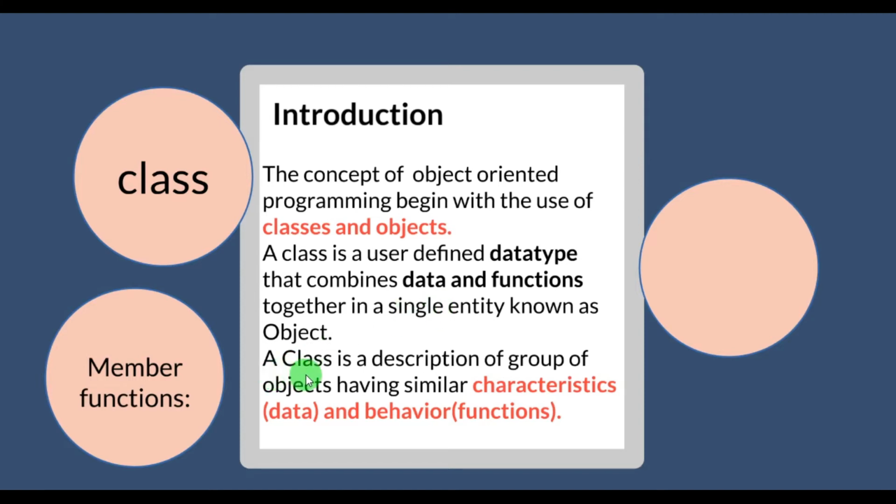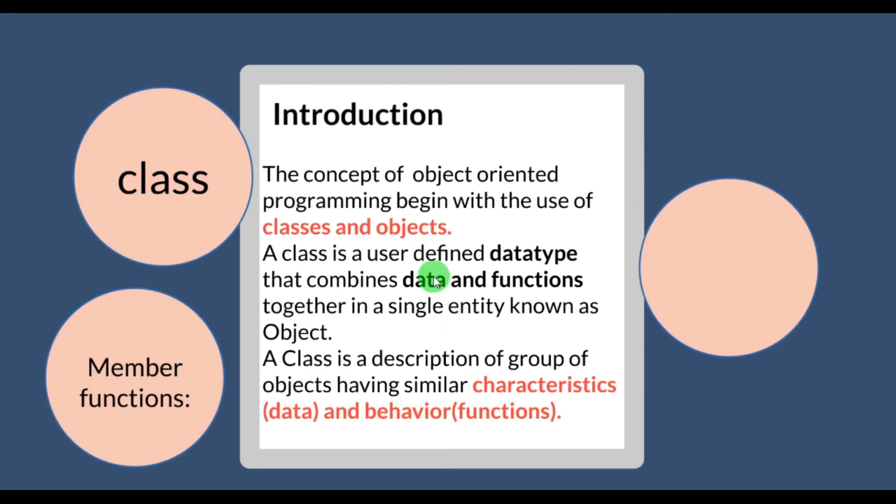Again we are going to see one more similar kind of definition for a class. You can use this also. A class is a description of a group of objects which have similar characteristics. Characteristics is nothing but the data members, and behavior. Behavior is nothing but the member functions.